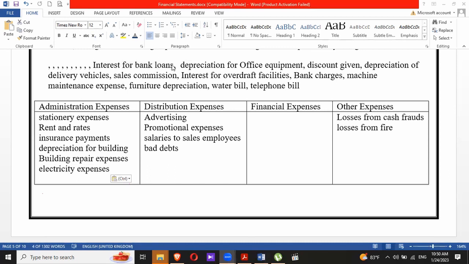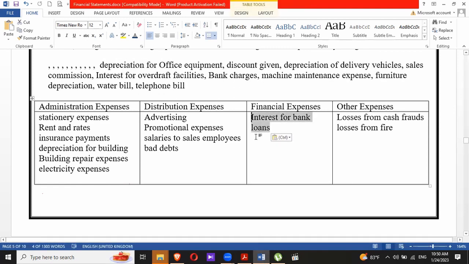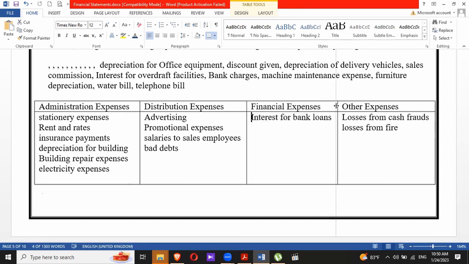I told you interest for bank loans, that is financial, because the expenses which are related to bank loan and bank current account totally come under financial. It's easy, right? Interest for bank loans comes under financial.